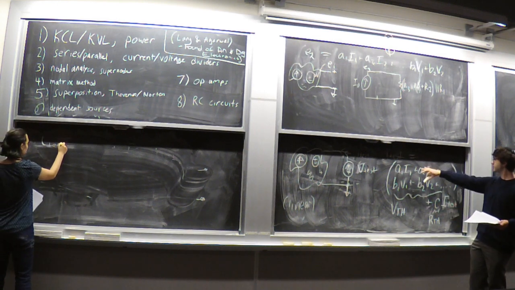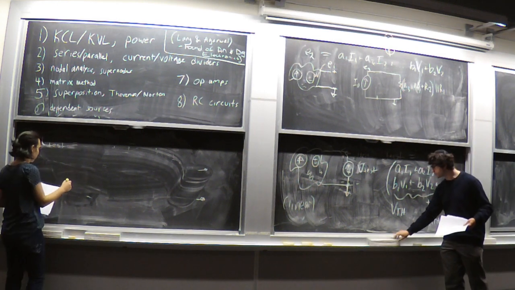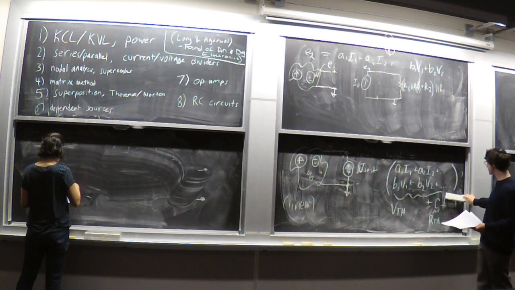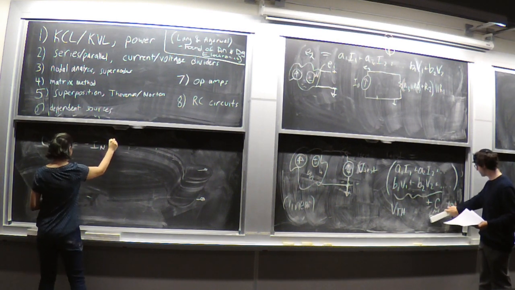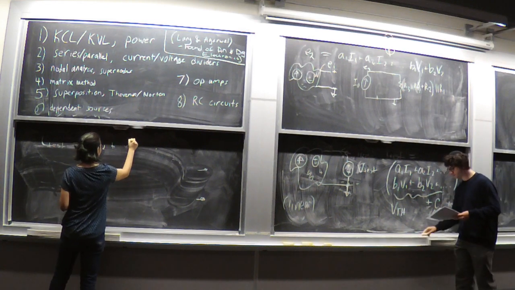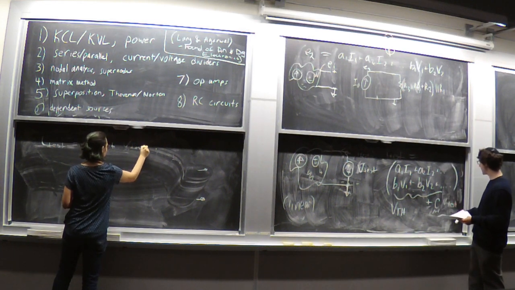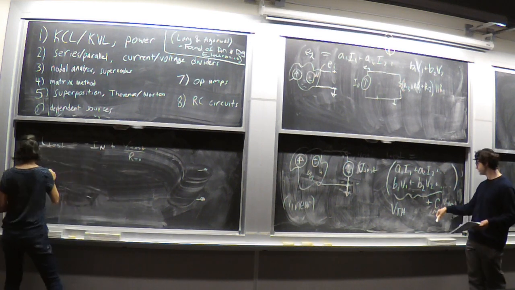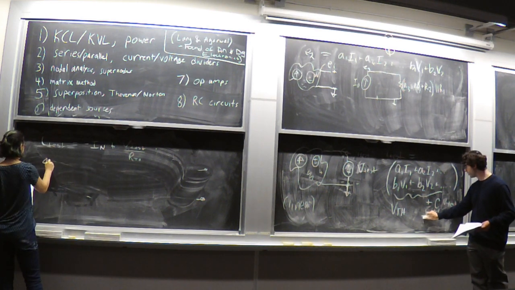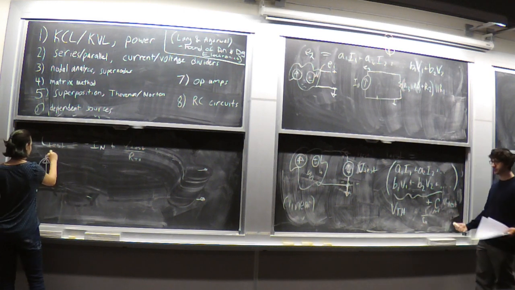Nonetheless, we're going to get this response in terms of the actual circuit itself, plus some relation to V-test. And now, because I-test and V-test are switched, this is going to be sort of like 1 over R.